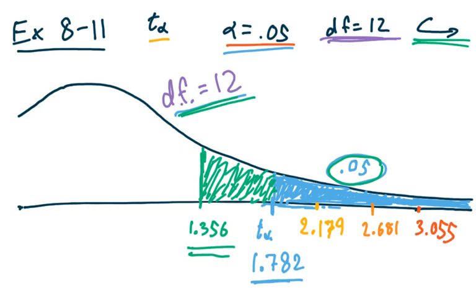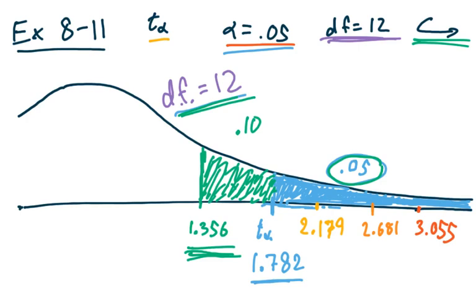If I wanted to know that area to the right of 1.356 underneath this curve, well, notice that that is our critical t value for one tail alpha equals 0.10. So here, the area underneath the curve is exactly 0.10.